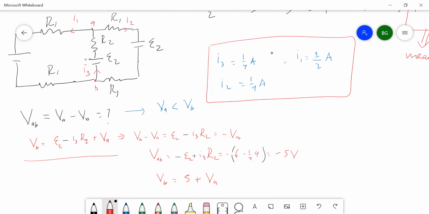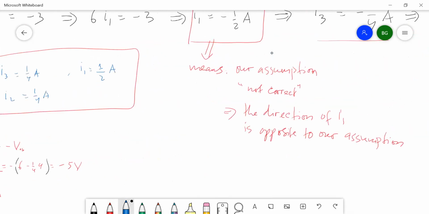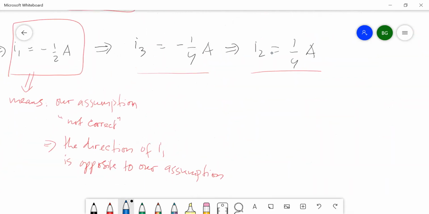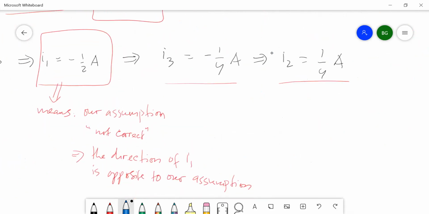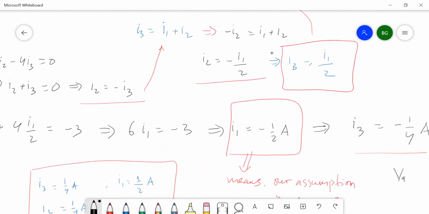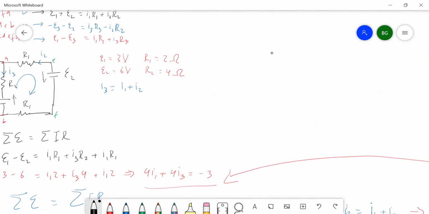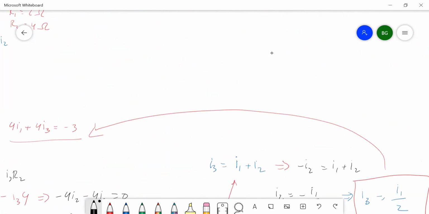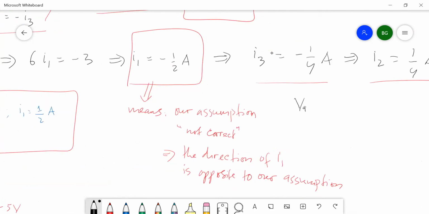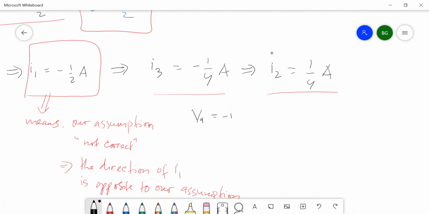We could also say that the loop is like this: VA minus I3 R2 minus epsilon 2 plus VB.